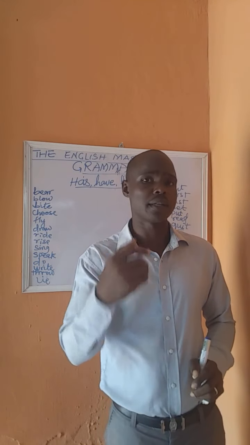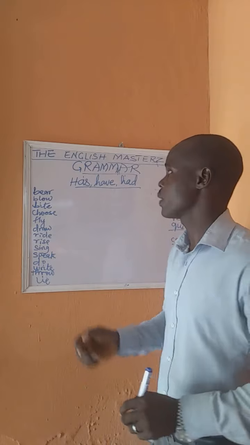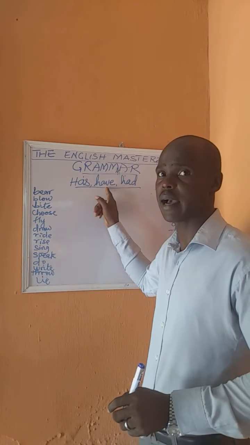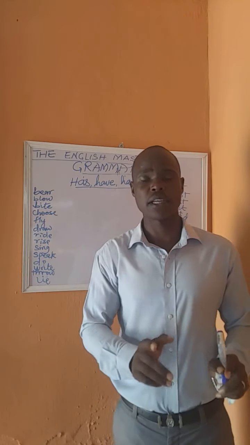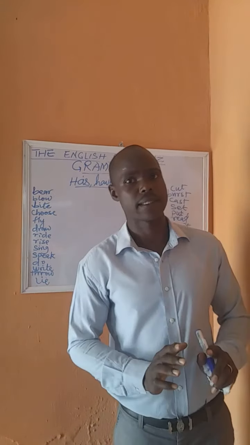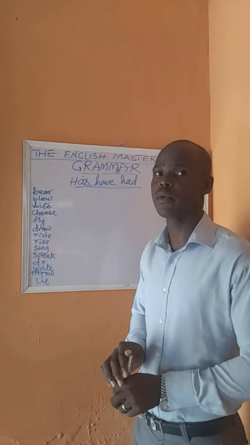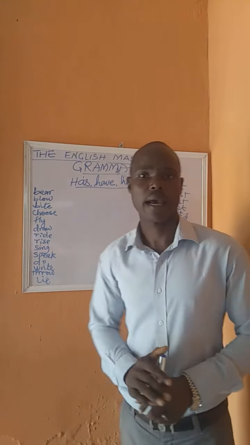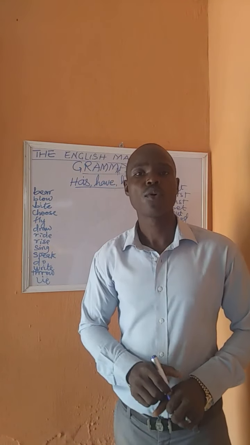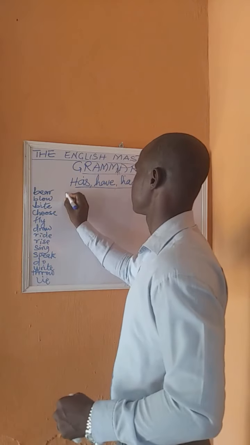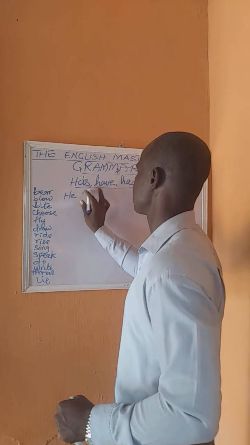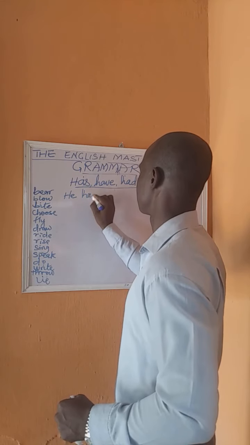If you understand this, you will know whether to choose has or have. Is it appearing as singular? You go for has. Is it appearing as plural? You go for have. For example, we say he has gone.